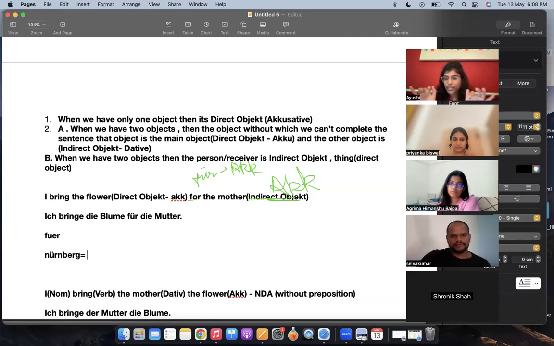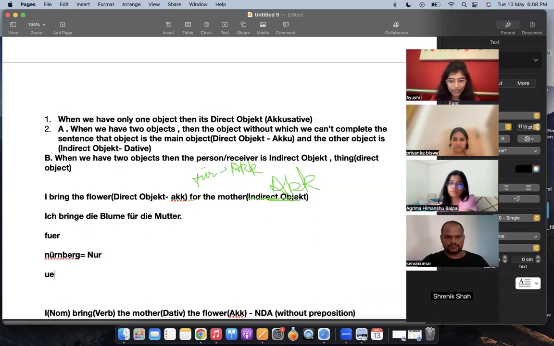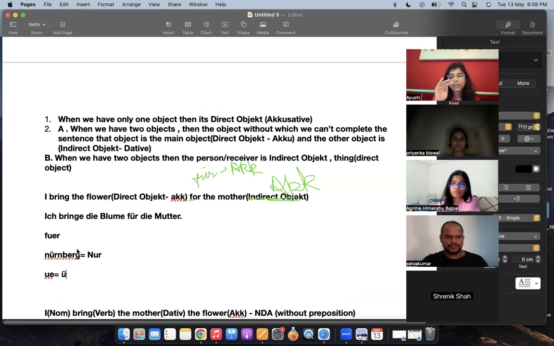But if you don't have it on your keypad, what you can do is write UE. So this UE is equal to ü. It is pronounced as Nürnberg. Is it clear? Even in the exam, you can write this e. That is acceptable by the Goethe or by everybody.